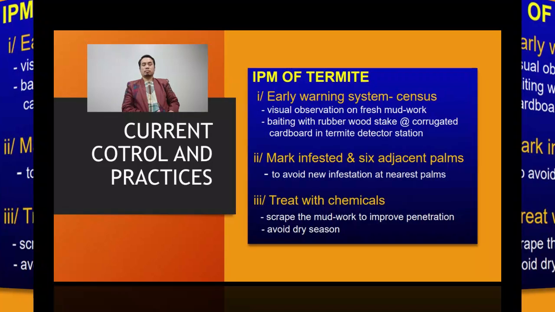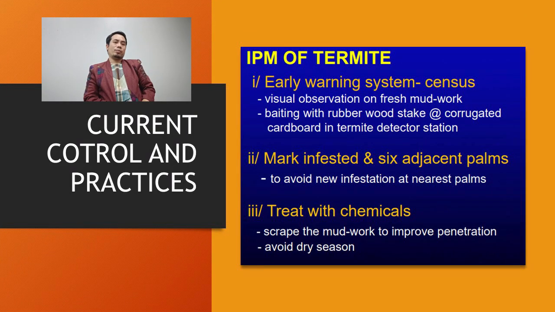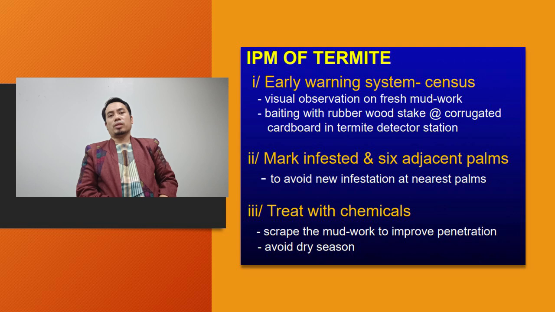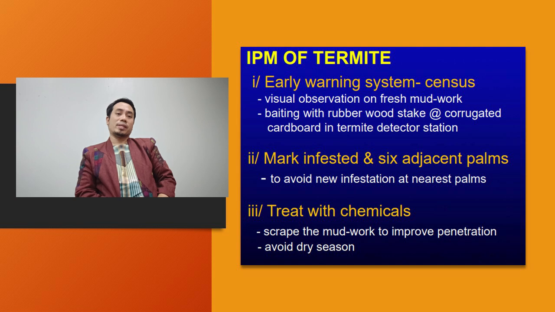What are we doing? How do we want to control it, and the practice. One is the monitoring of termites. We know the termites from the early warning system, which is visual observation, where we can see fresh mud.